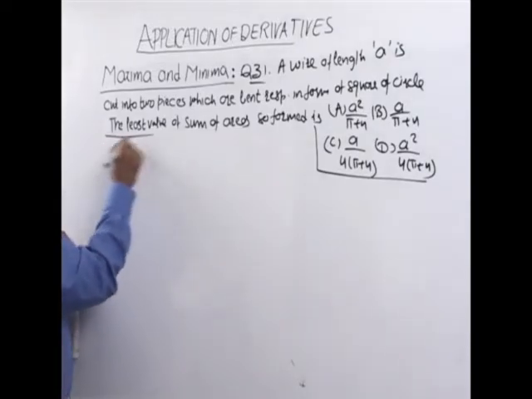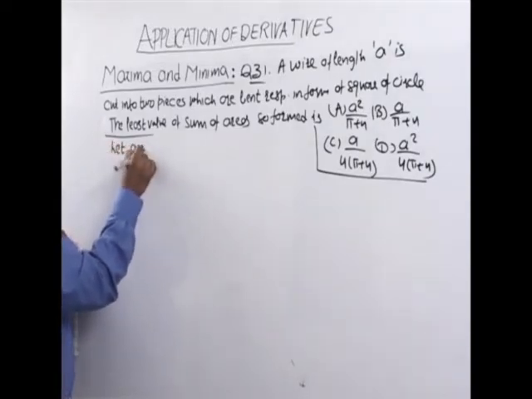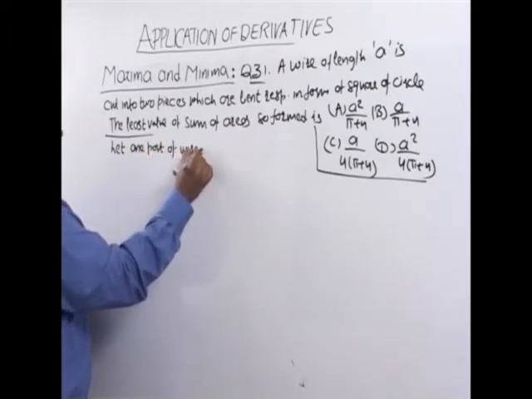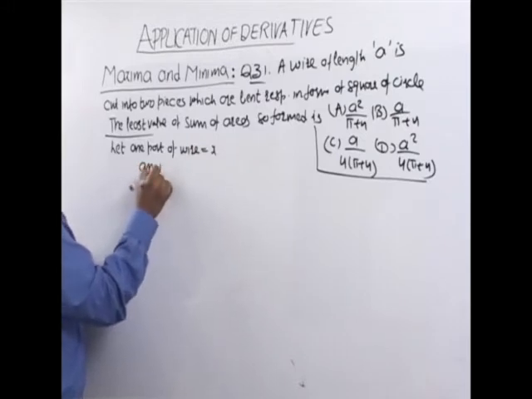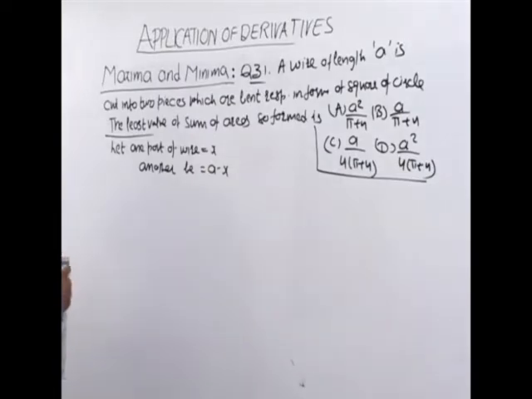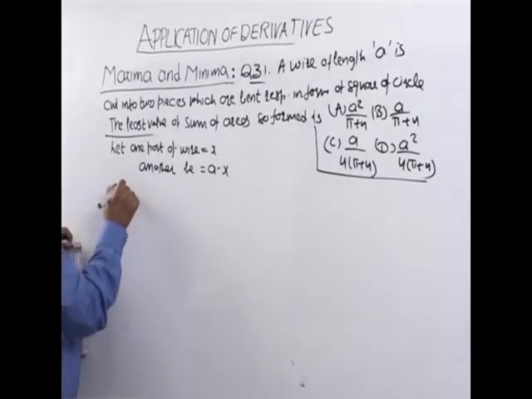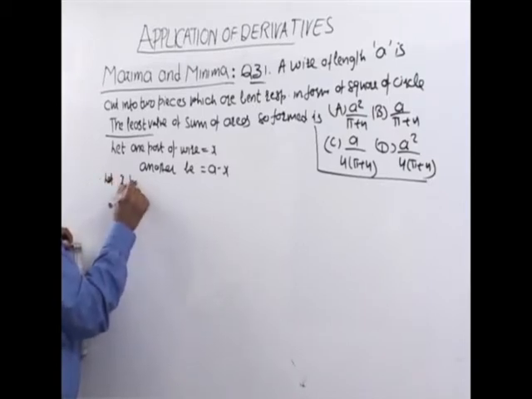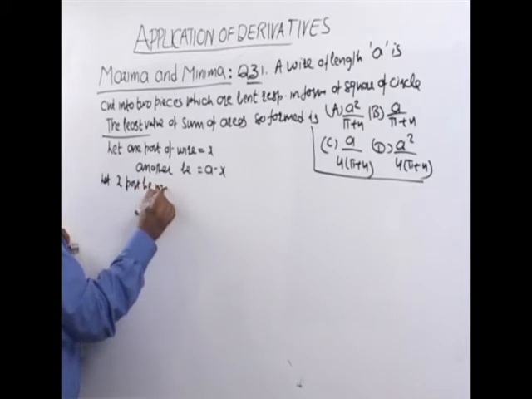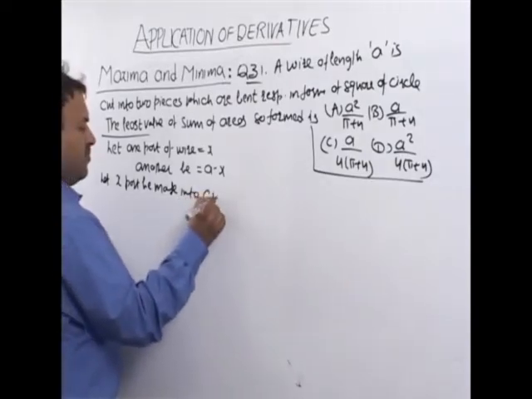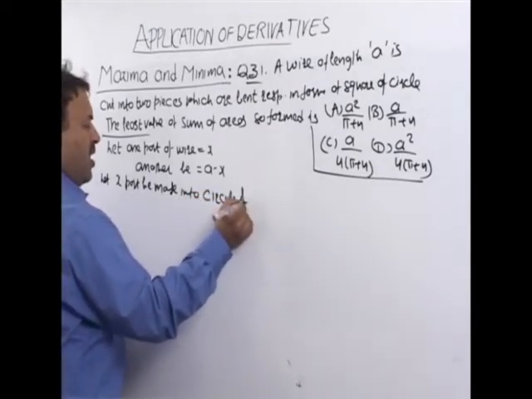So let one part of wire be x and another be A minus x.